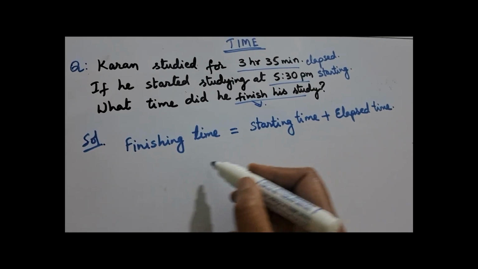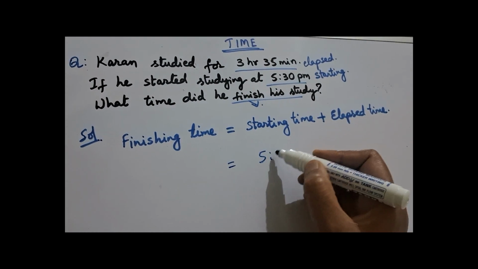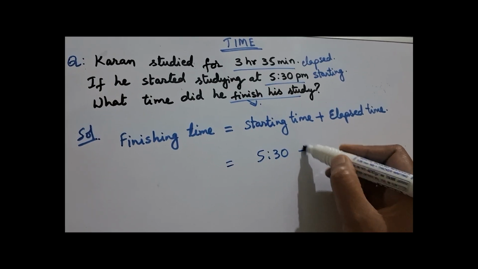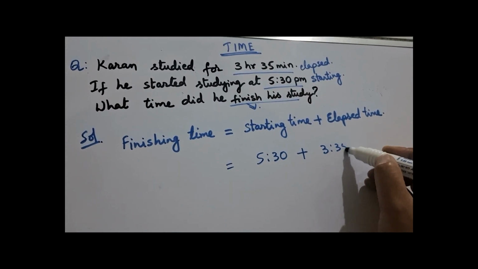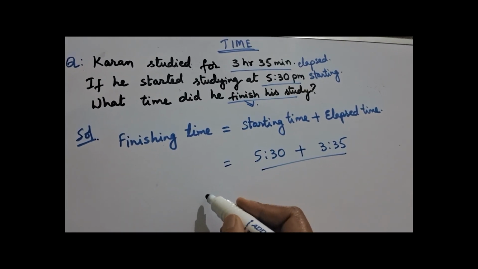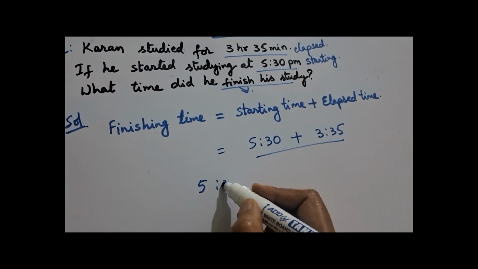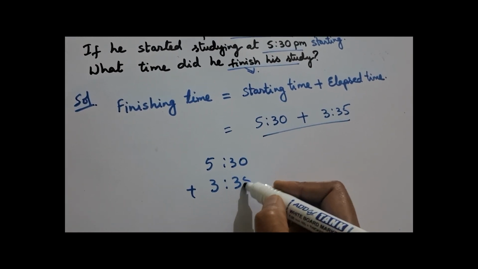So finishing time we have to find. What is the starting time given? 5:30 given, plus elapsed time 3 hours 35 minutes. Now you have to add these both. Okay. So what we will get? 5:30 plus 3 hours 35 minutes.